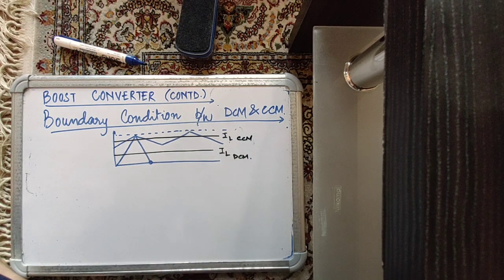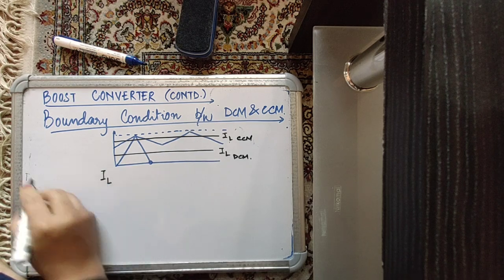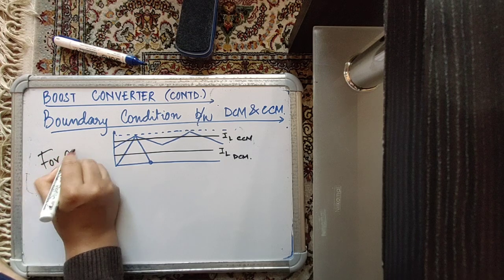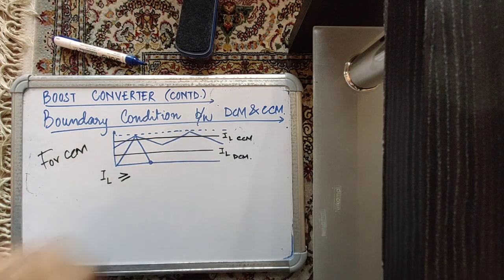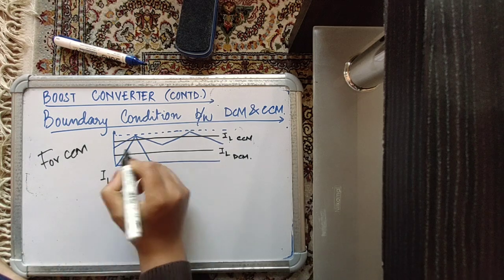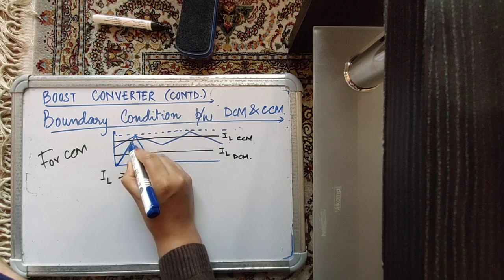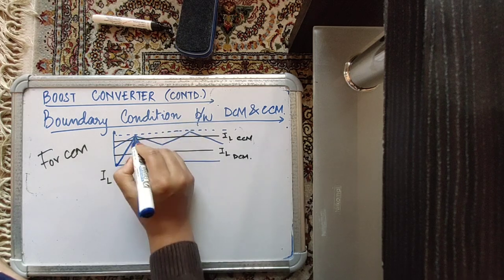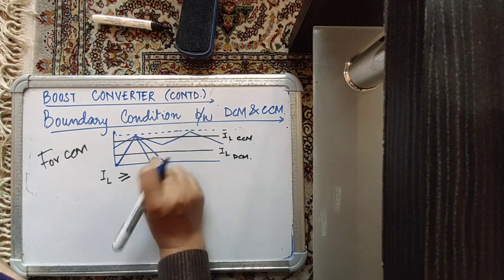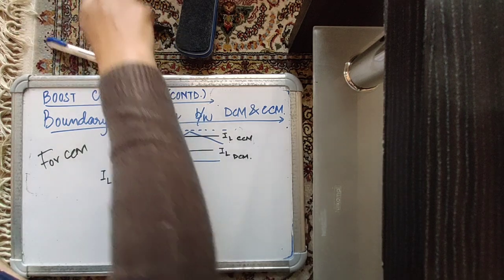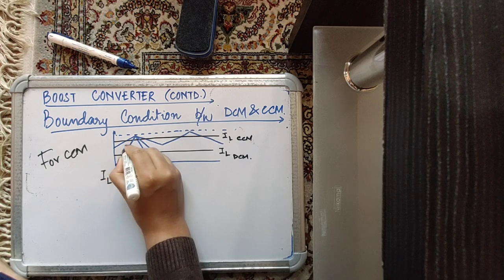So for CCM to happen, the average inductor current should be greater than or equal to the inductor current at the time of the boundary condition, which is just continuous. Let's show it by a dotted line, or maybe by this shaded line.